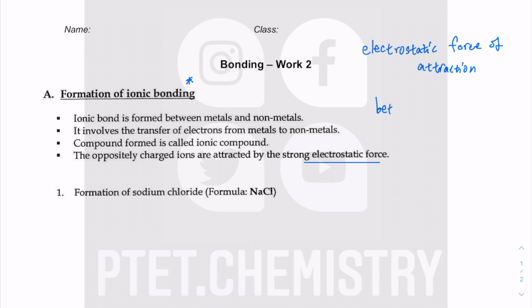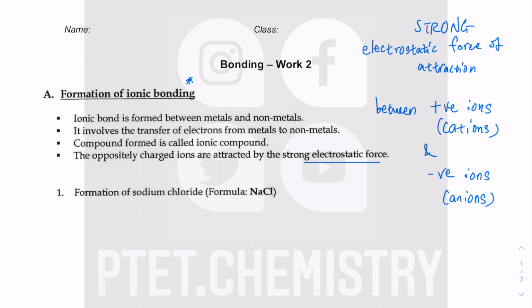For ionic bonding, ions are charged particles, so it's between positive ions, which have a name, called cations, and also negative ions, because positive and negative ions are attracted towards each other, and you have this very strong electrostatic force of attraction. That is basically the full definition of ionic bond, which is strong electrostatic force of attraction between positive ions called cations and negative ions called anions.